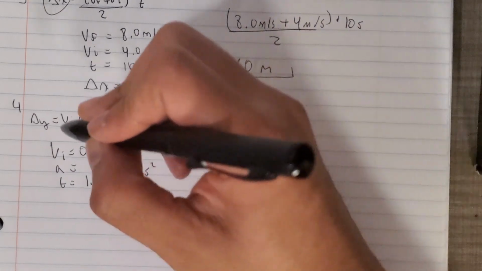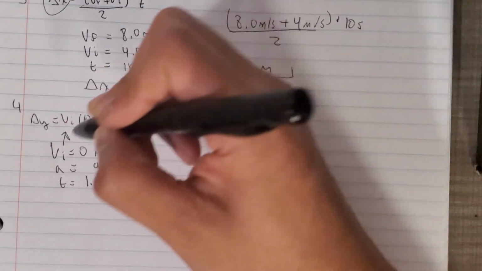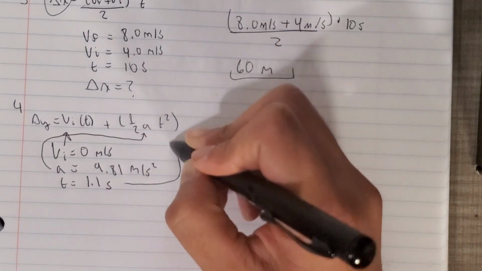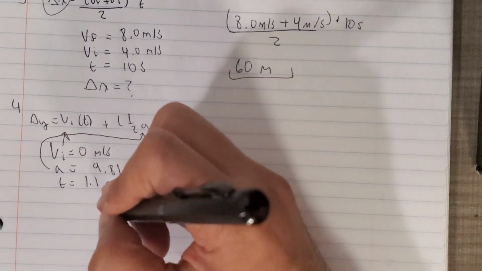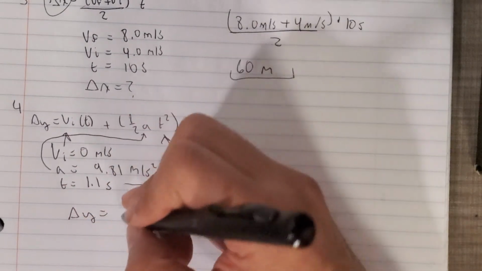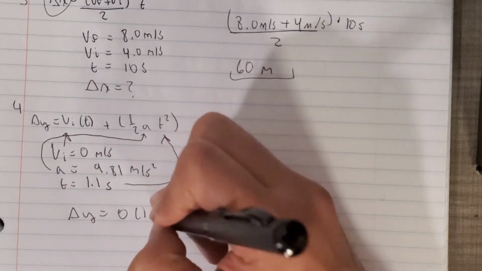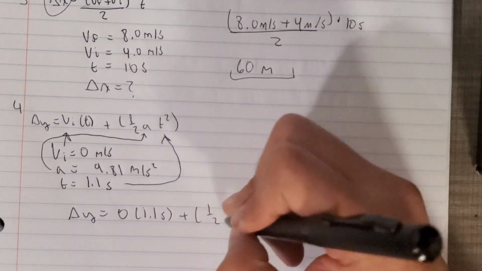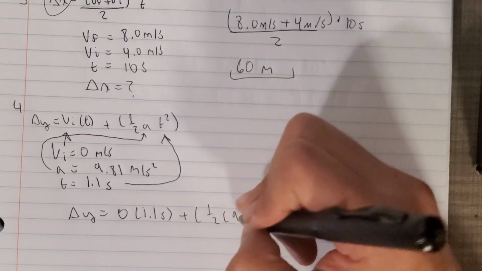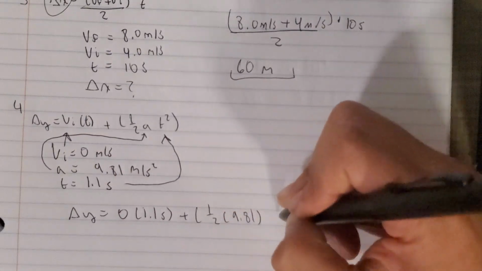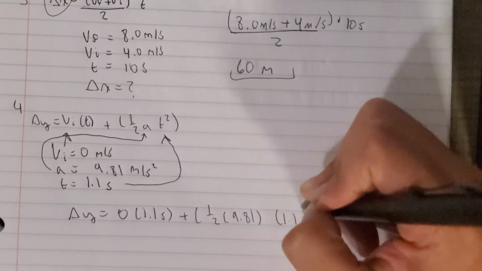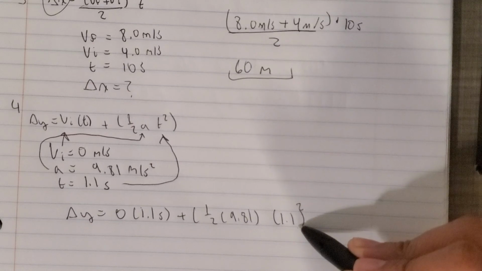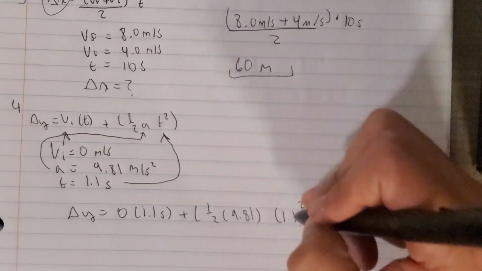Now we plug in here. vi goes here, a goes over here, and t goes over here. So now, and you square this one times this over here.